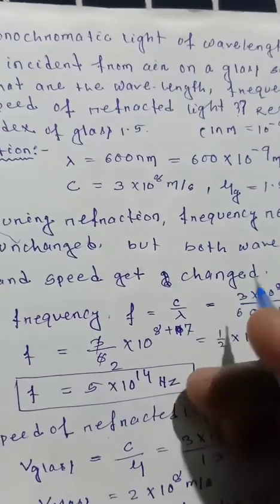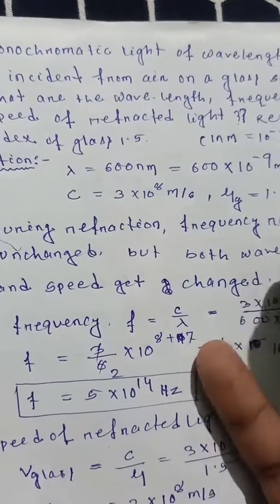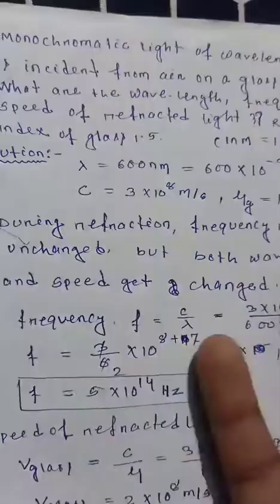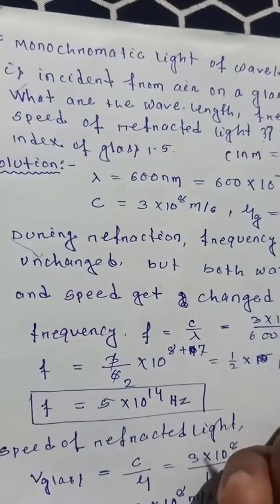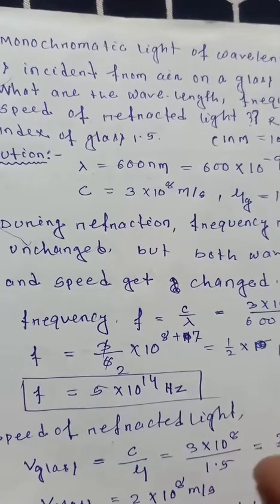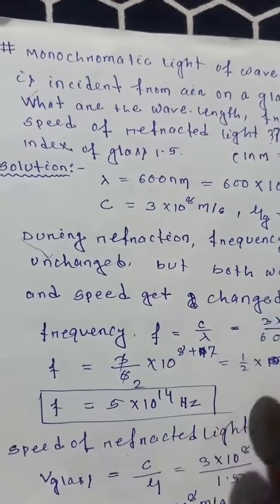One is the rarer medium, the other is the denser medium, and this depends upon the number of particles present in the rarer and denser medium. Obviously the denser medium has more particles and less space between the two particles, so the velocity also changes.